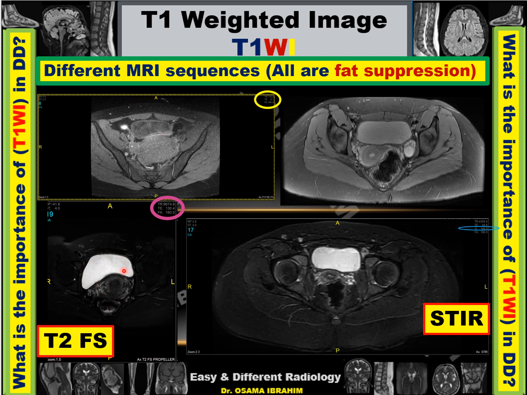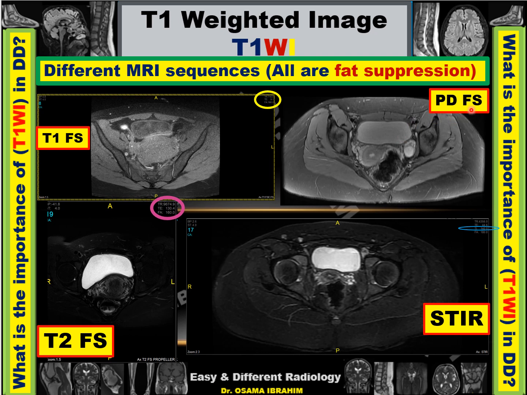Here the urinary bladder appears bright in T2, and here it appears dark in T1. Low signal fluid represents T1 with fat suppression, and T2 with fat suppression. This is the STIR image, and this one, which is showing the muscle, is proton density fat suppression, because the muscles appear slightly high signal due to their higher concentration of protons than the other tissues.